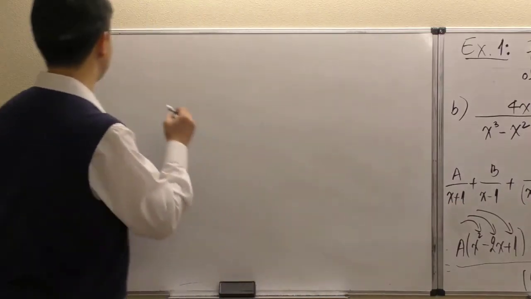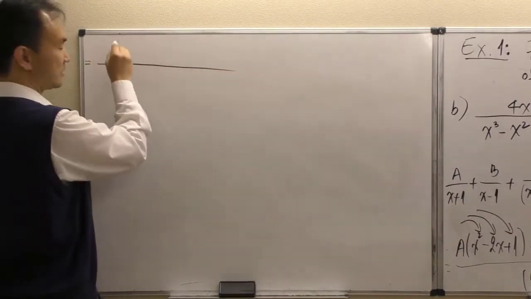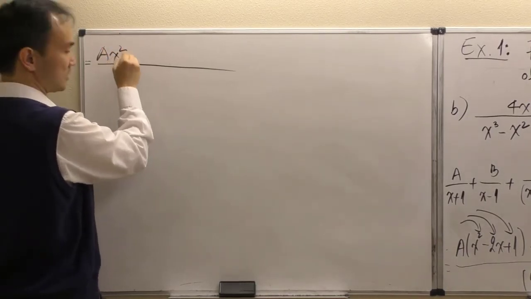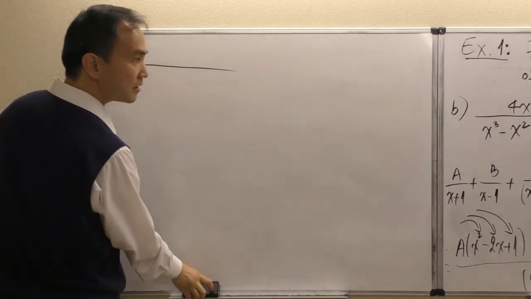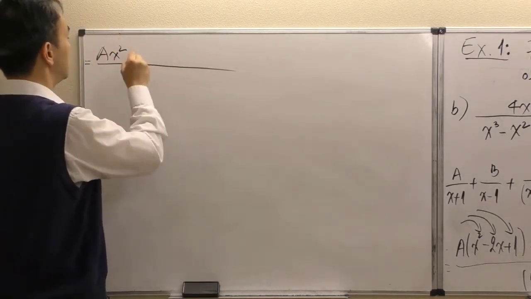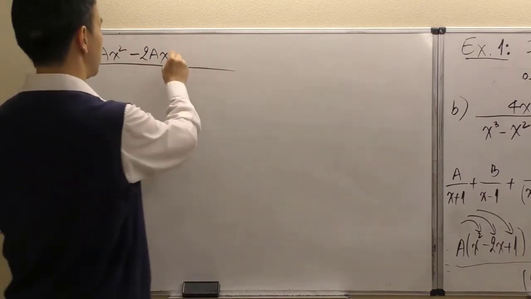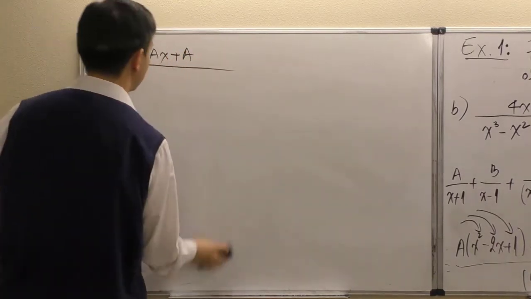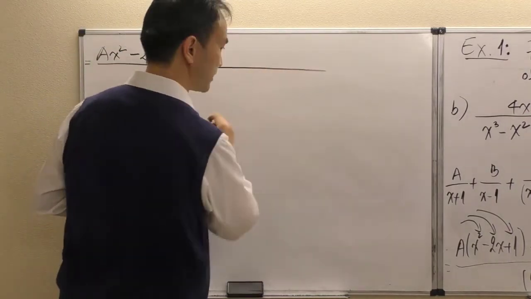All right, so I'm going to distribute out the a, so that gives me ax squared plus, and actually it's minus 2ax, okay, plus a. My fraction bar is going down a little bit.